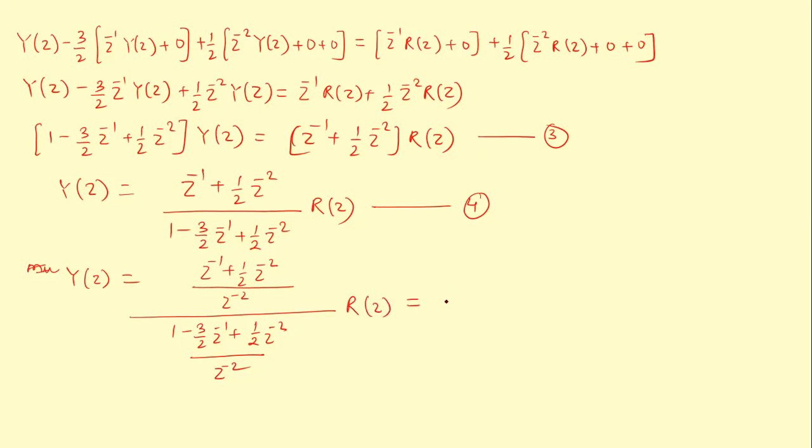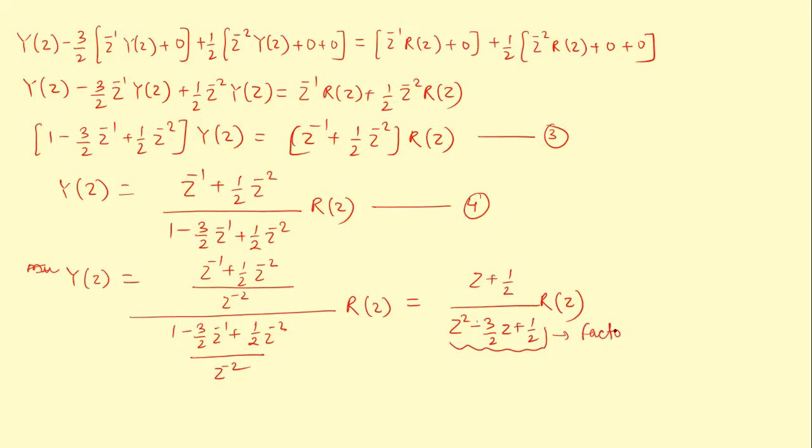So this will give me a new equation which is z plus 1 by 2. So we can simplify this equation, and on simplifying we will get z square minus 3 by 2 z plus 1 by 2 into rz. So we have simplified this equation, right? Further we can factorize this.